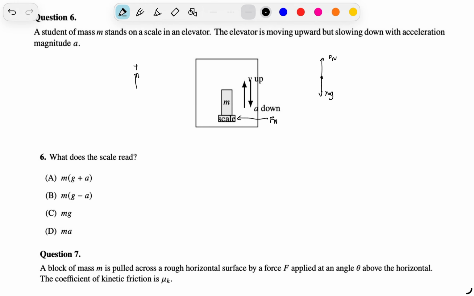So your acceleration is going to be downward, because you have an elevator moving up, but it's slowing down. That means when you have slowing down acceleration, you're going to have velocity and acceleration pointing in opposite directions.